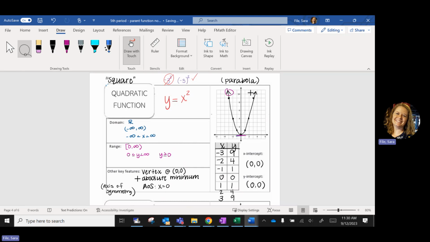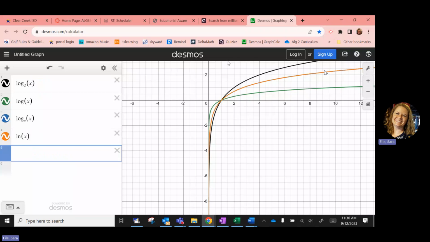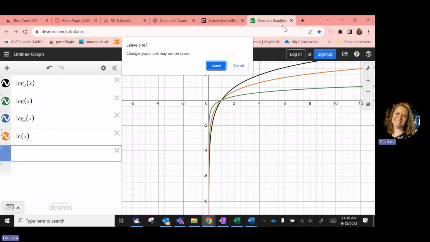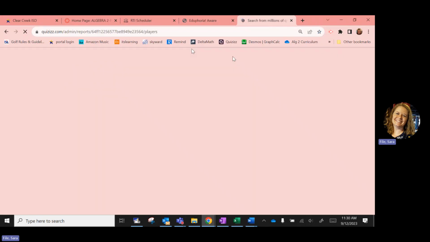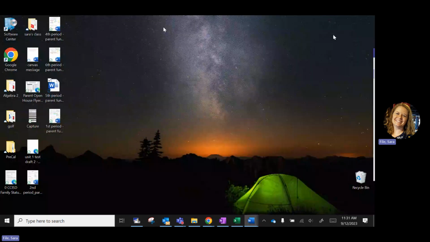We have a formative assessment in AWARE. Let me see if we still have plenty of time. We've got 14 minutes. So we're going to do the formative assessment in AWARE. Remember, a formative is just, what do you know at this point? I am not grading you. It is not going in the grade book. It is low stakes.